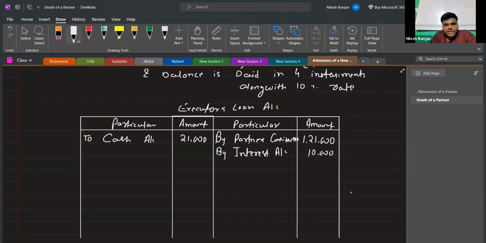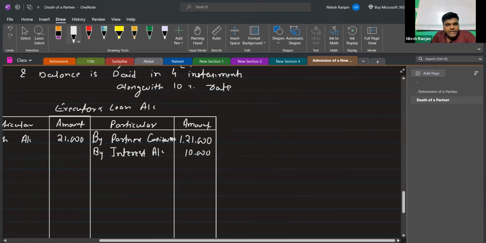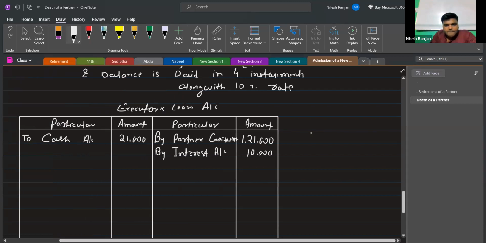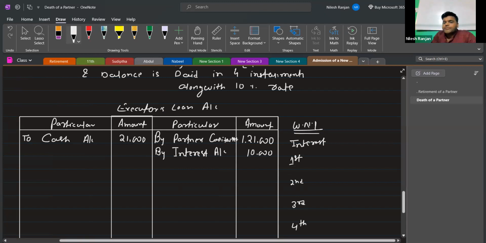So it is 1,21,000. 21,000 is paid immediately. And if we do the calculation, working note number 1, interest, first year, second year, third year, and fourth year.